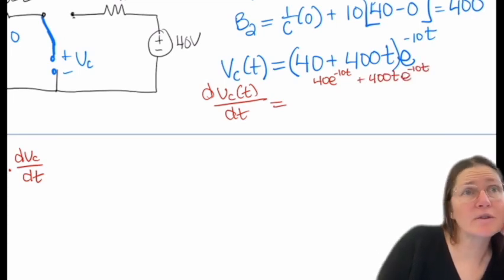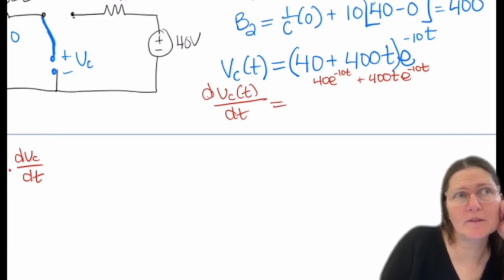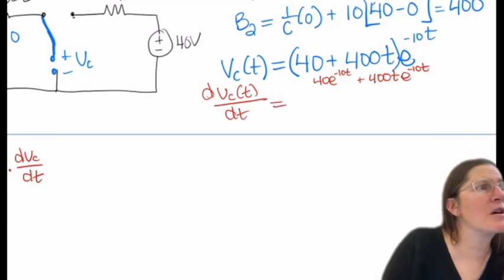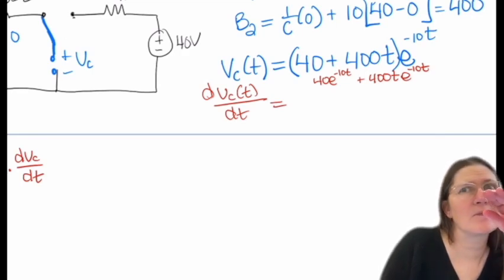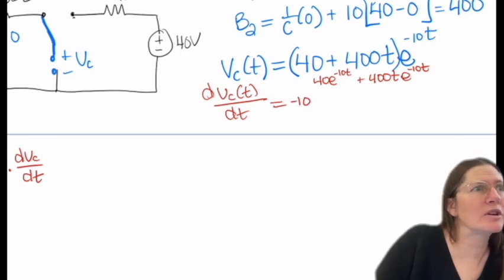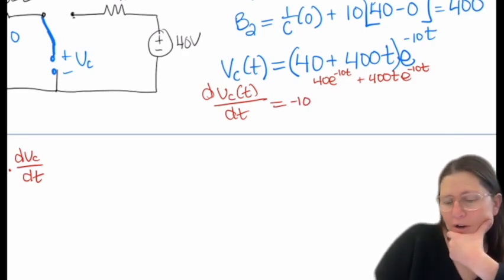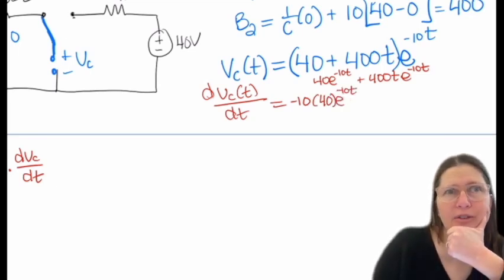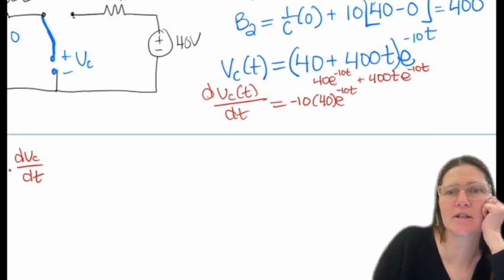So I can take the derivative of the first, 40e to the minus 10t. A derivative of an exponential: keep it the same and then multiply by the derivative of the power of the exponential. Correct. So I bring down minus 10 from the power, whatever coefficient is in front of the t, and the rest remains the same. So it's minus 10 times 40e to the minus 10t.